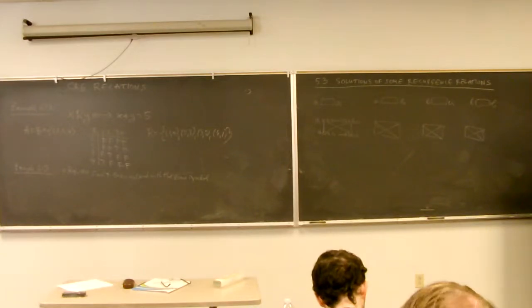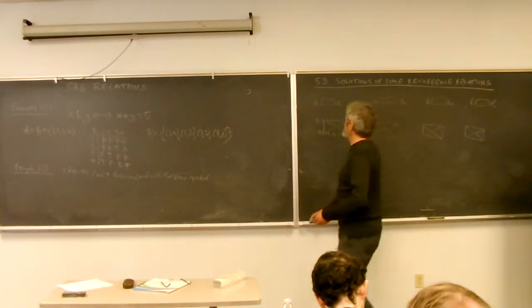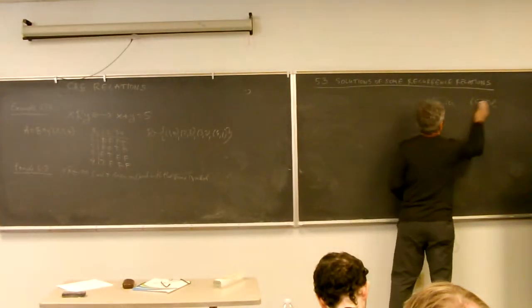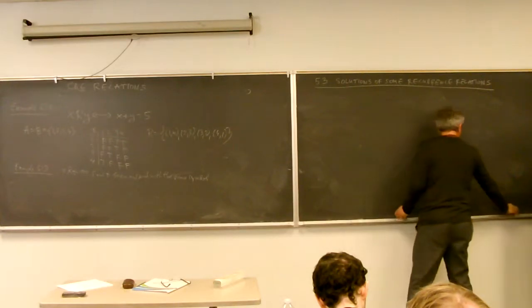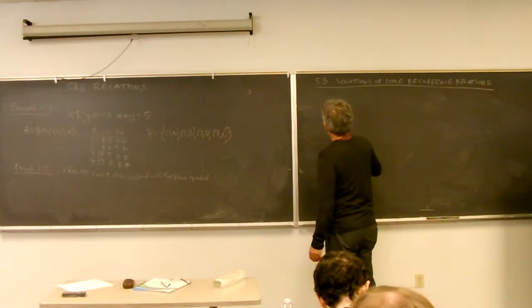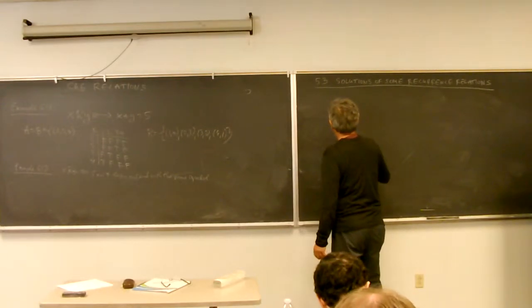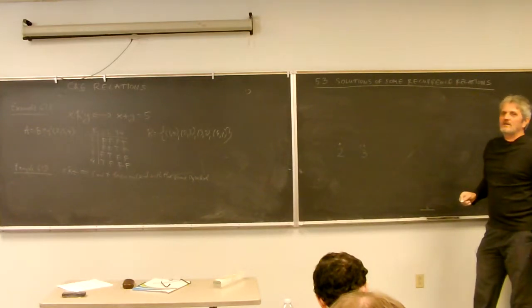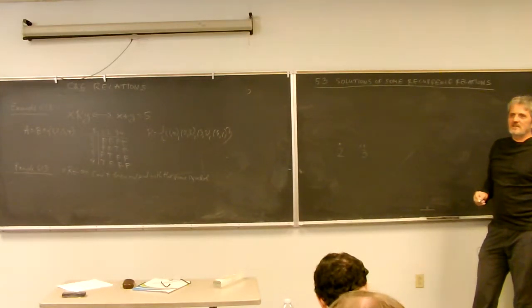How would you write a diagram for this one? So what are the numbers? 2, 3, 4, 5, 6 are there.